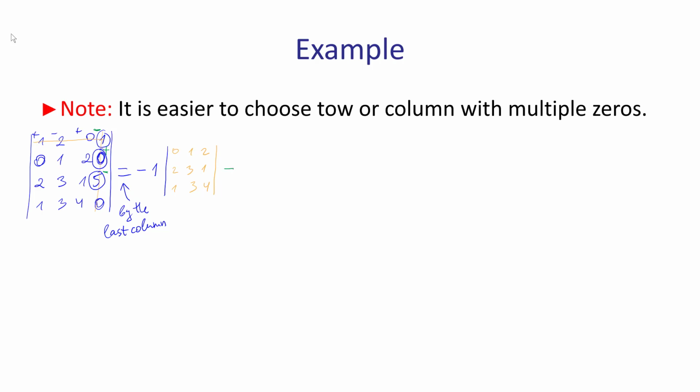So it will be minus 5 multiplied, crossing out this one and this one now, and what is left here is 1, 2, 0, 0, 1, 2, 1, 3, 4. And the last one again will be 0, so it will be plus 0 multiplied by some determinant. It doesn't matter what that is.